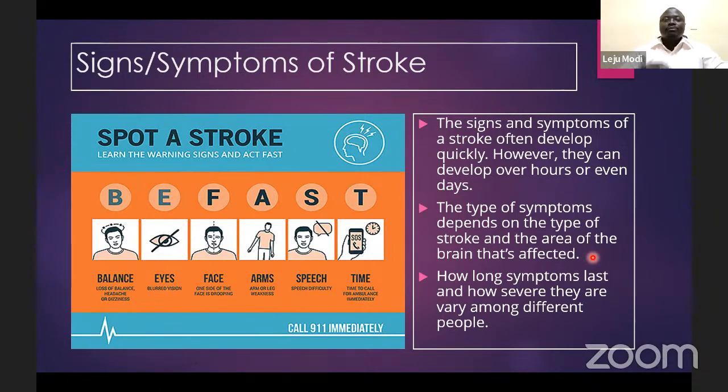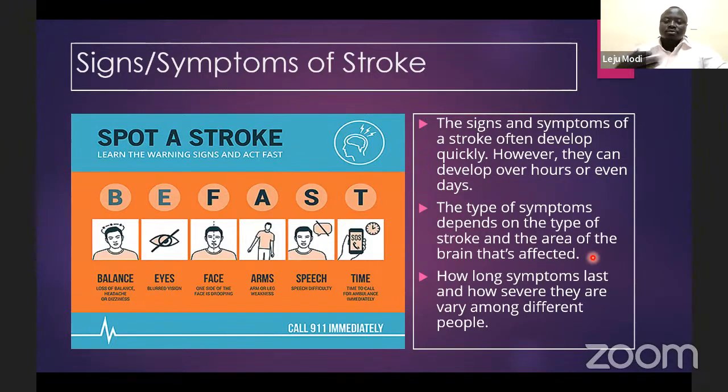Like I said, if the paralysis is on the right side, most likely the problem happened on the left side of the brain, what is called the left hemisphere. So that's how you tell that, oh, the stroke is somewhere there. But now the type of stroke, whether it is due to blockage, ischemic, or due to rupture of a blood vessel, which is hemorrhagic, will now be identifiable when the CT scan of the brain is done.